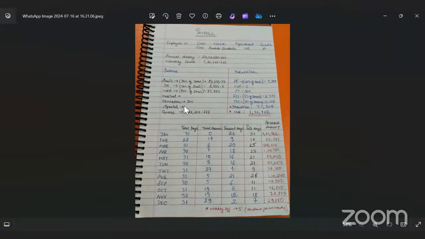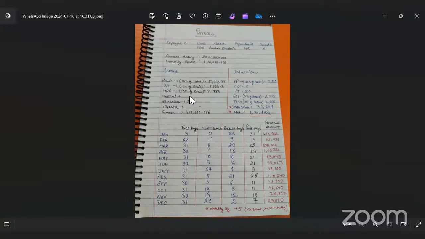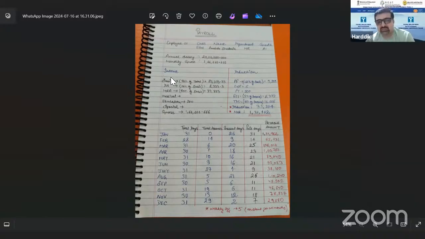Whenever you are designing a payroll or a salary, this particular allowance is an adjustment allowance. सब बांटने के बाद जो बचेगा स्पेशल अलाउंस, है ना? तो हमने मेडिकल फिक्स कर दिया, एजुकेशन फिक्स कर दिया, बेसिक डीए एचआरए फिक्स कर दिया, और हमारे पास ग्रॉस भी फिक्स हो गया.